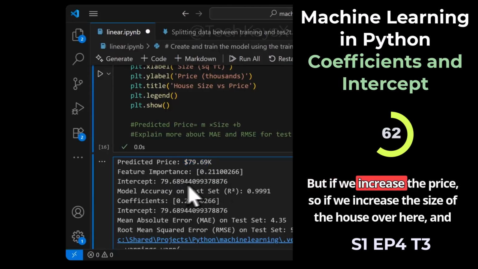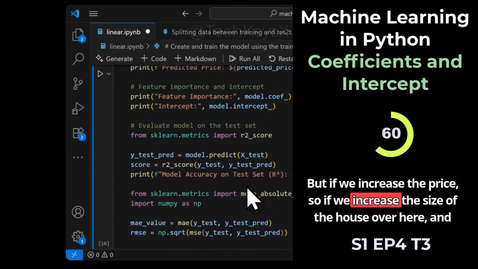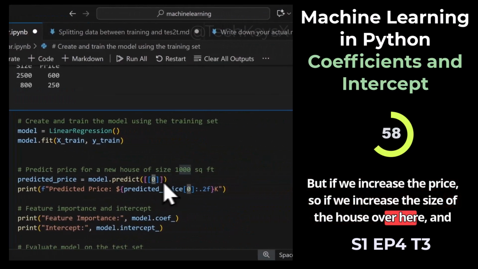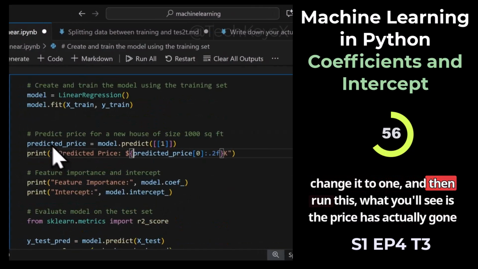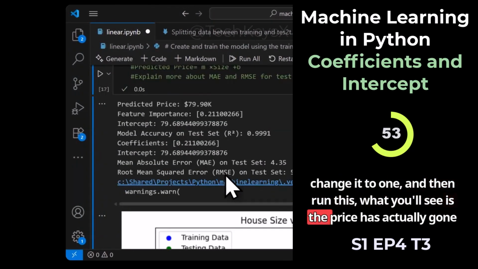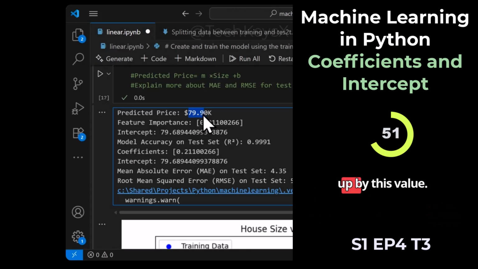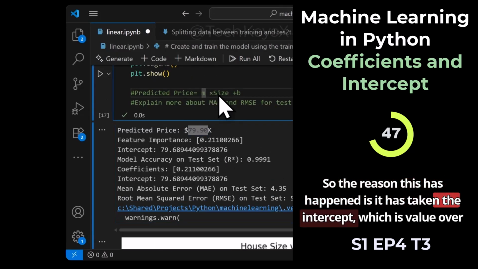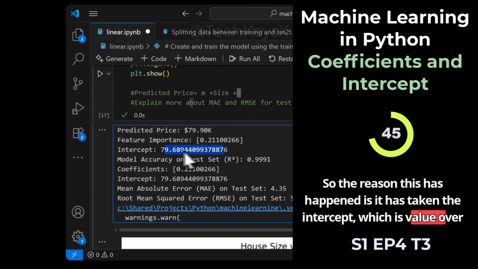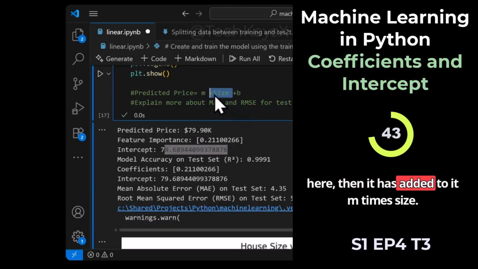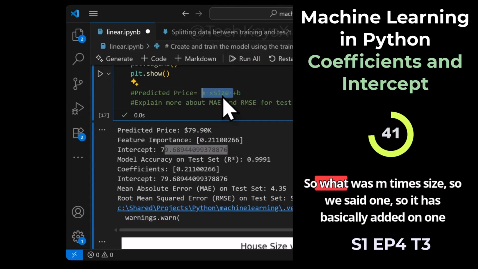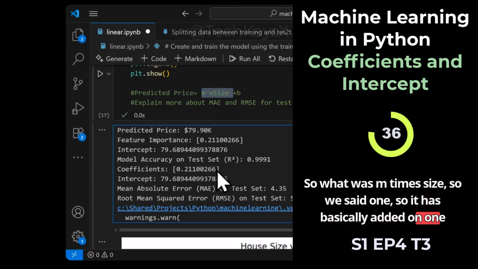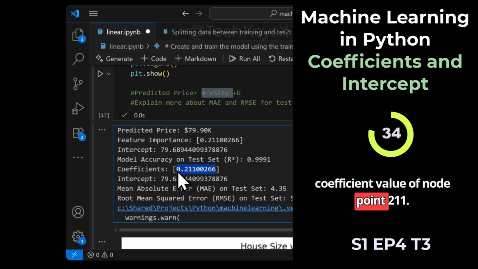But if we increase the size of the house over here and change it to 1 and then run this, what you'll see is the price has gone up by this value. The reason is it has taken the intercept and added to it M times size. So what was M times size? We said 1. So it has added on 1 coefficient value of 0.211.